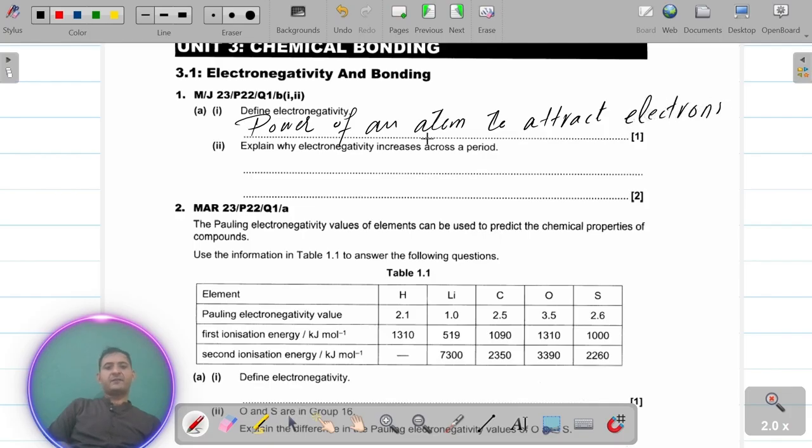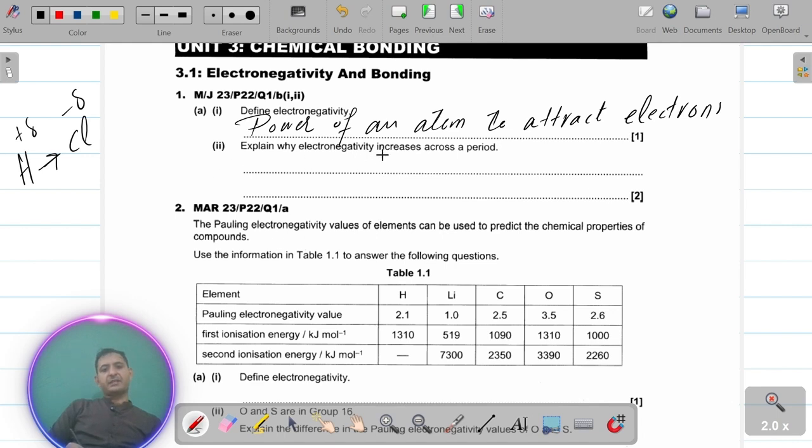For example, if we have a bond between hydrogen and chlorine, and you know chlorine is an electronegative element, then this electronegative element is pulling the electrons of hydrogen towards itself. That is the reason it is electronegative and hydrogen is electropositive.